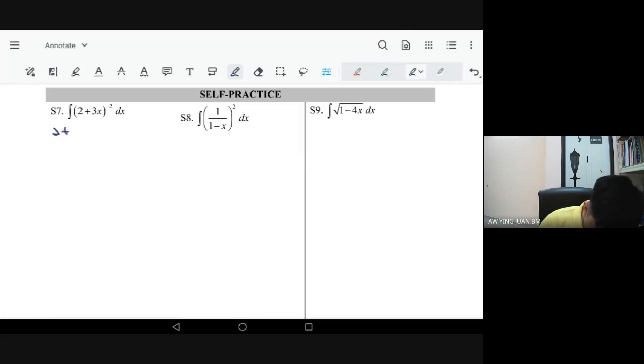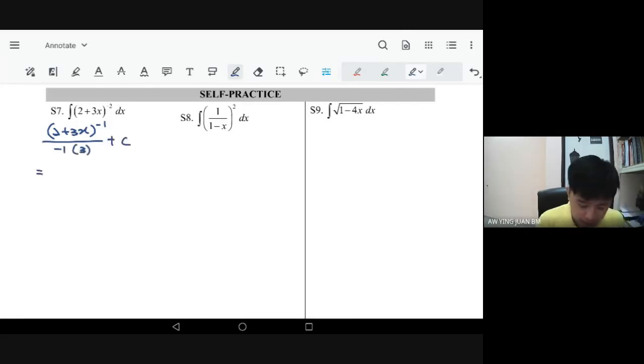So 2 plus 3x to the power of -1. So -1 multiply with the 3 plus with the c. So jawapan saya, dia bergantung kepada you, tengok you nak tulis macam mana. Kalau saya ada negatif, okay, kemudian 2 plus 3x, di sini saya letak 3 tambah c.